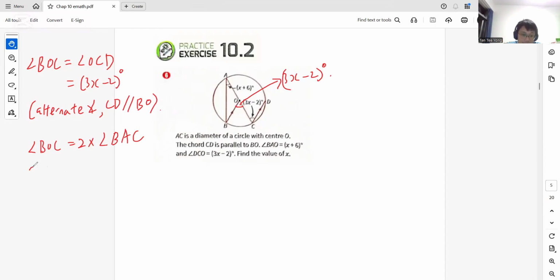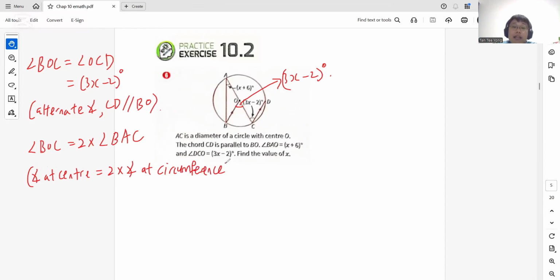Because why? Angle at center equals to 2 times angle at circumference. So this is what we have learned in exercise 10.2. So with this property of circles, we can say that 3x minus 2 is equals to 2 times of x plus 6.